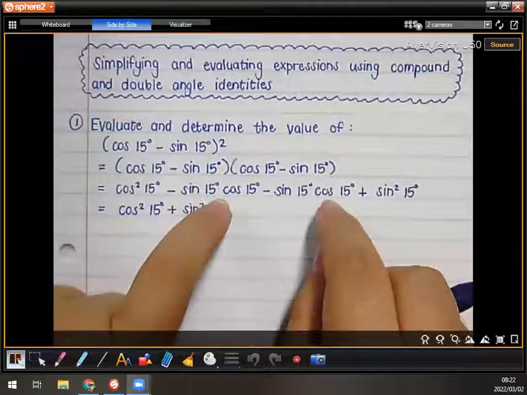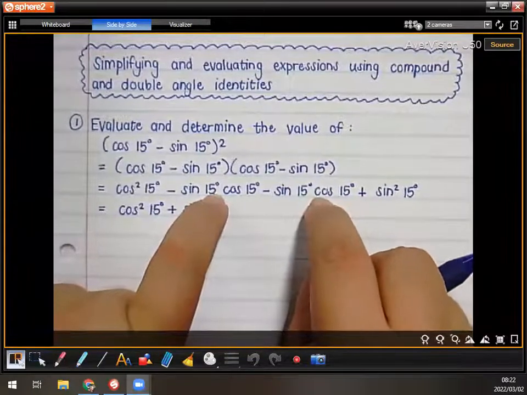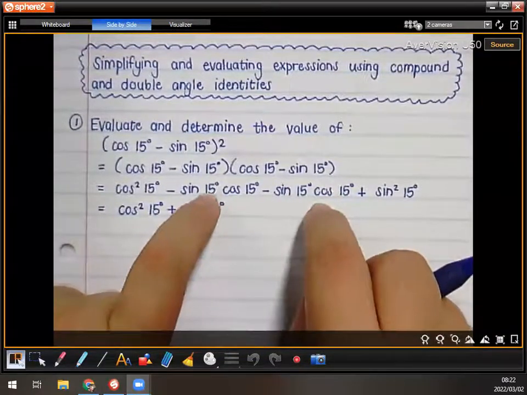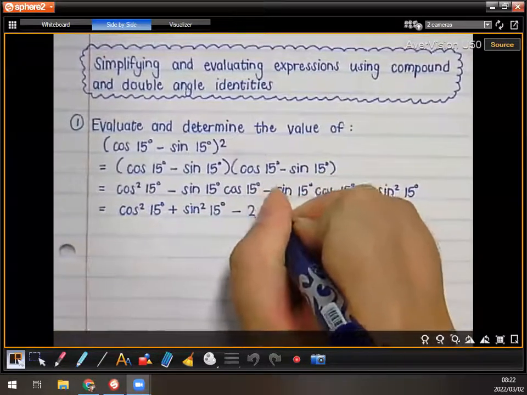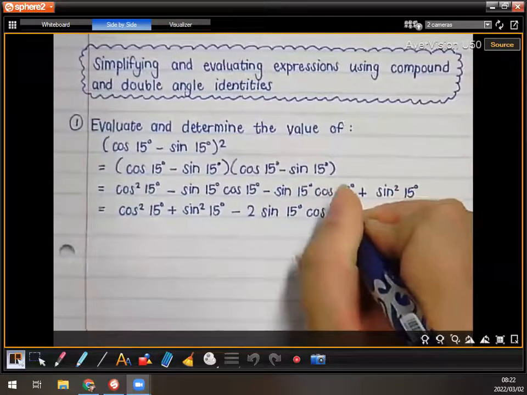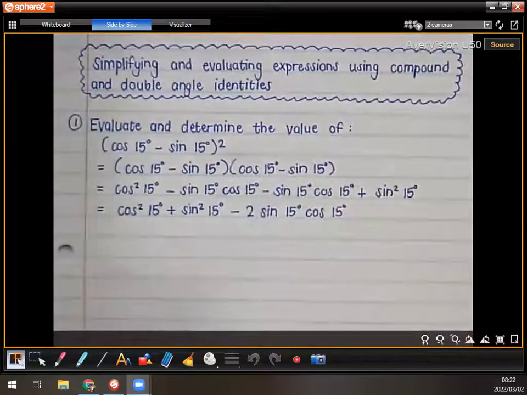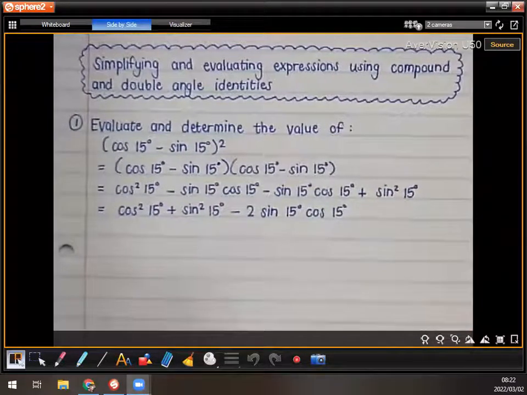What do I have here, guys? Minus sine 15 cos 15 minus the same type of term, right? These are like terms. So what's that? Minus 2 sine 15 cos 15. And does that look familiar? Okay, I'm going to write on the side here.